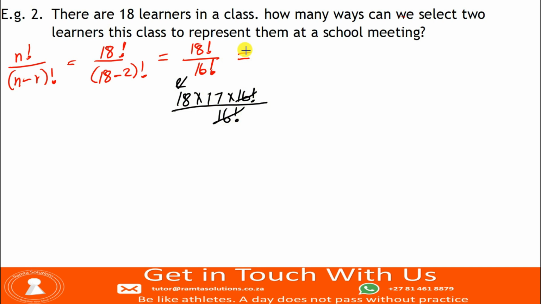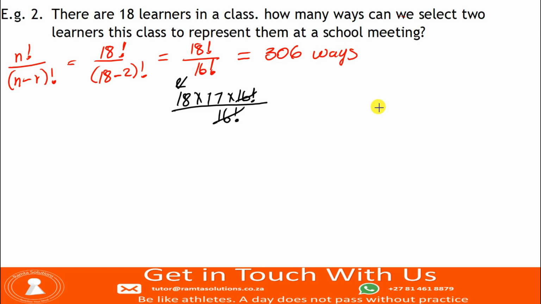18 factorial over 16 factorial. What is it? It is 306 ways. So the number of ways in which we can select 2 learners from the class to represent this class at a school meeting is 306 ways.